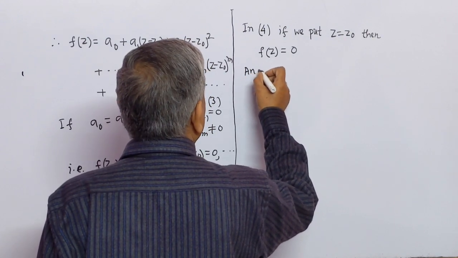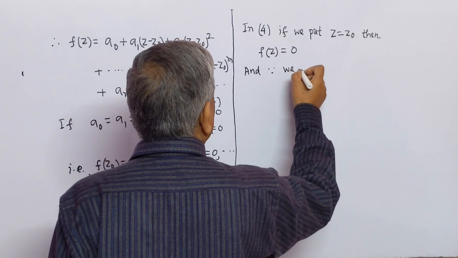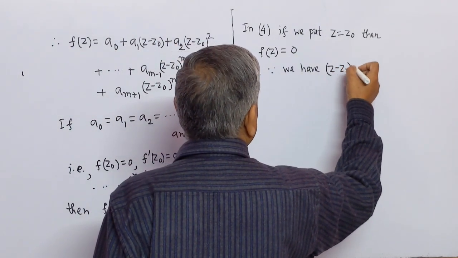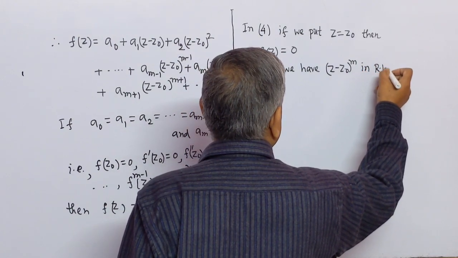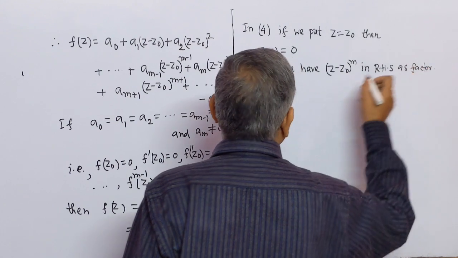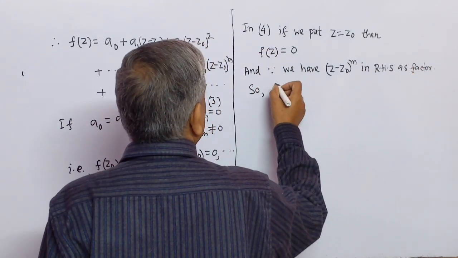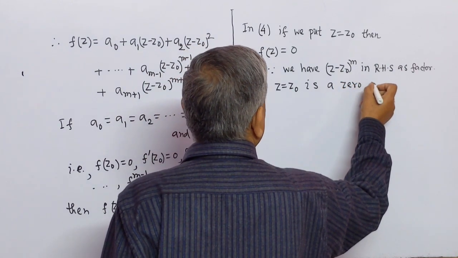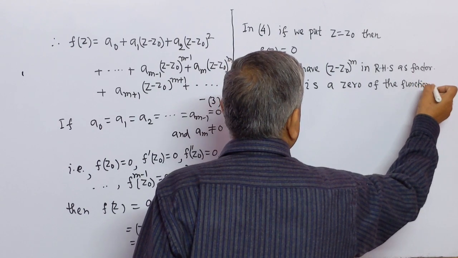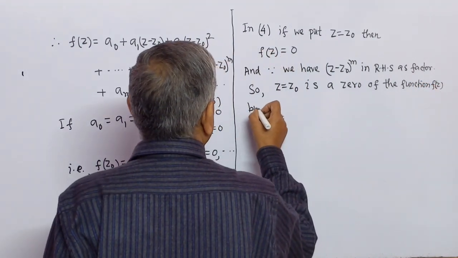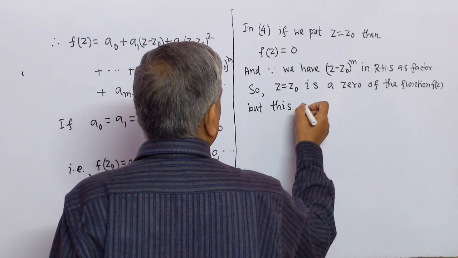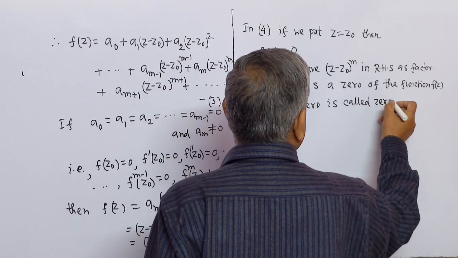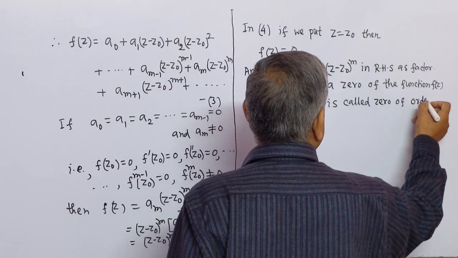And since we have (z minus z naught) to the power m in the right side as a factor, z equal to z naught is a 0 of the function f(z), but this 0 is called a 0 of order m.